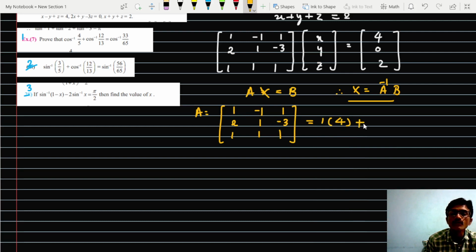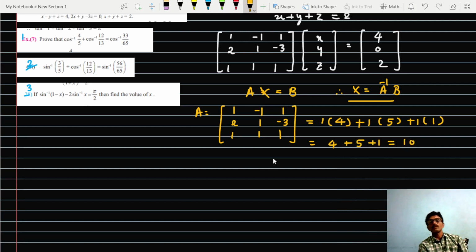Minus of minus 1 will be plus 1, and this 2 plus 3 is 5. Plus 1 into expansion of this determinant 2 minus 1, that is 1. So 4 plus 5 plus 1 means 10. So the expansion of the determinant is 10.